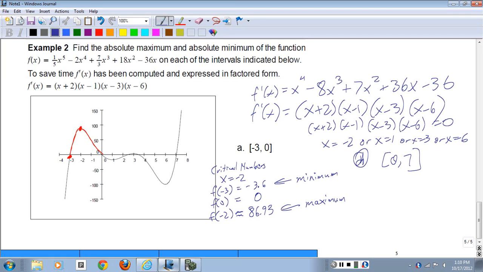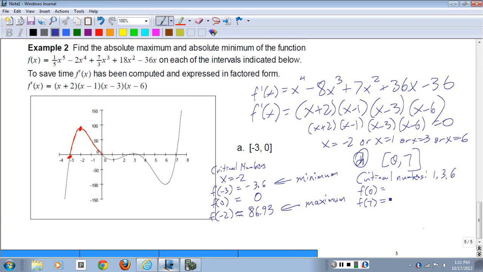Which of these critical numbers, which of these zeros of the first derivative are between 0 and 7? One, 3, and 6. So critical numbers 1, 3, and 6. So we want to evaluate it at the endpoints, which we've done 0 already, I guess. f of 0 and f of 7.